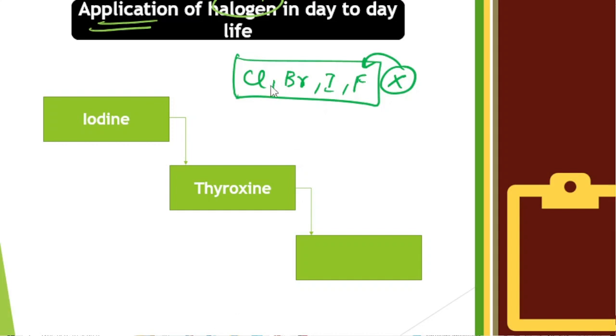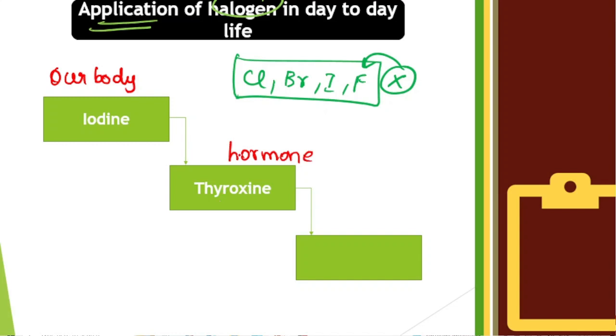In the applications, just observe here carefully, iodine. Our body has the ability to produce iodine naturally. Iodine is also one of the halogen atoms, right? It is produced by the hormone thyroxine.